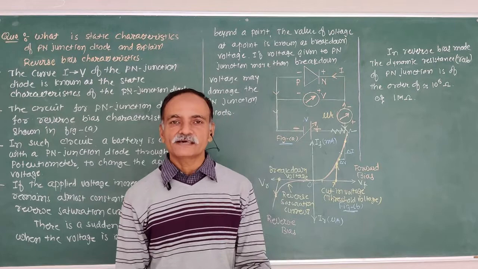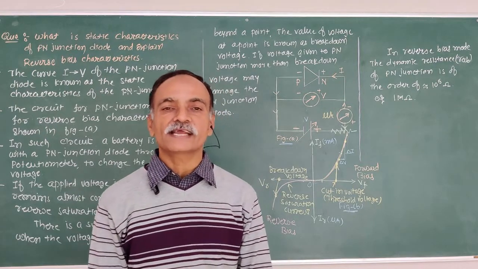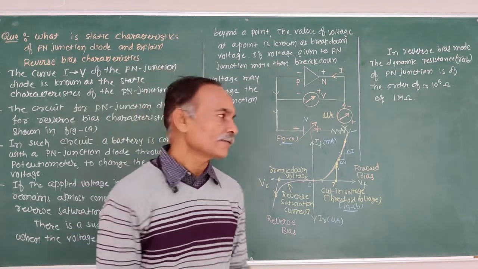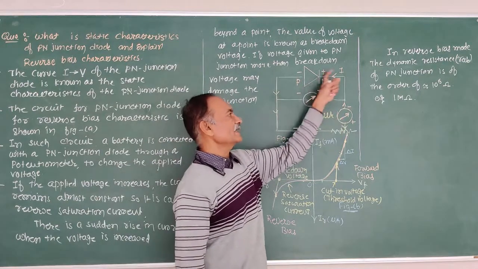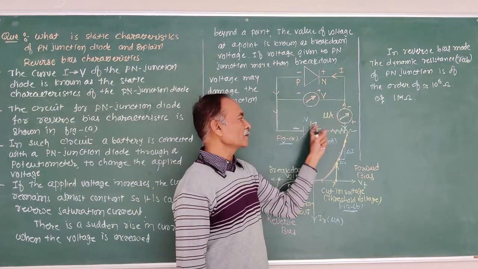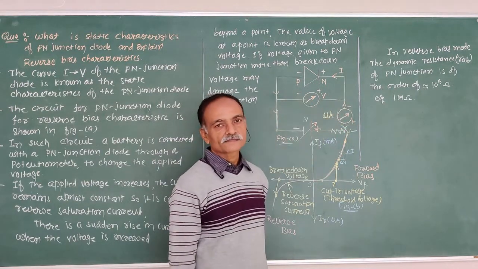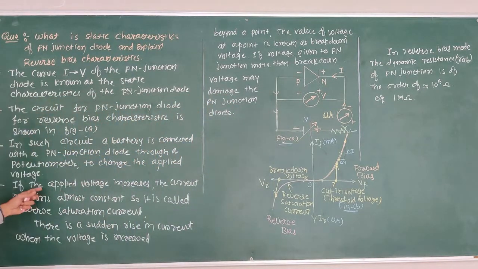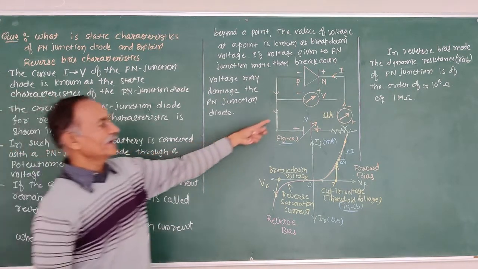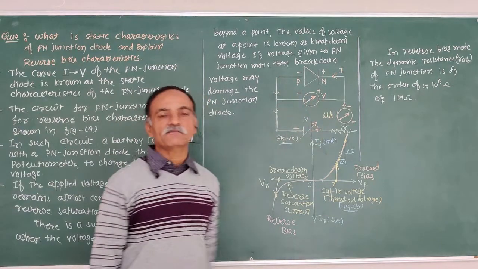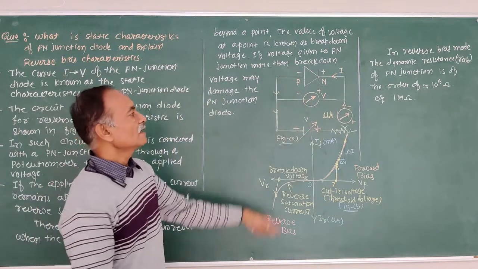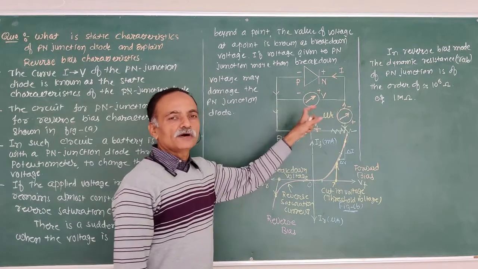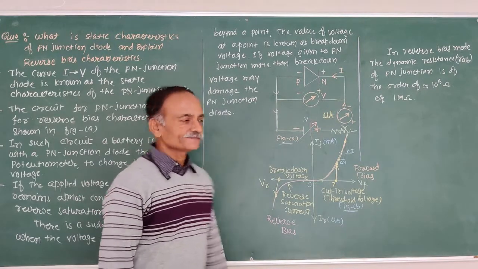A current-measuring meter is always connected in series, so the microammeter is connected in series with the PN junction diode and the battery. Therefore, the circuit for the reverse bias characteristic is shown in figure A.